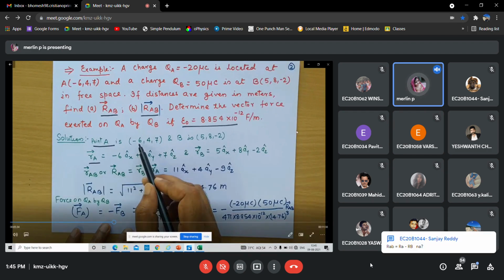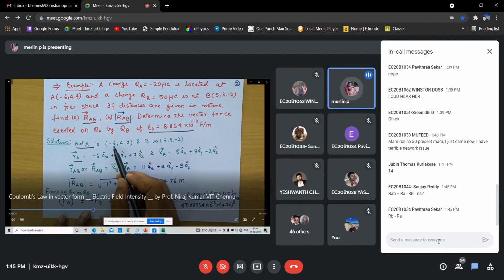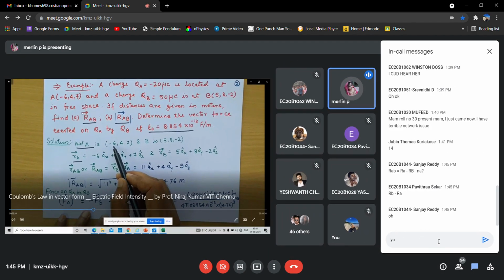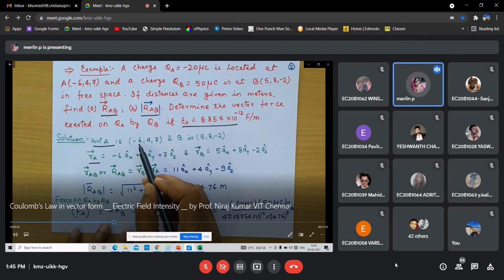Then they have given, if distances are given in meters, find RAB. RAB vector in the sense the distance from A to B they have asked, and then the magnitude of RAB. What is the distance and what is the value? In the vector form they have asked.